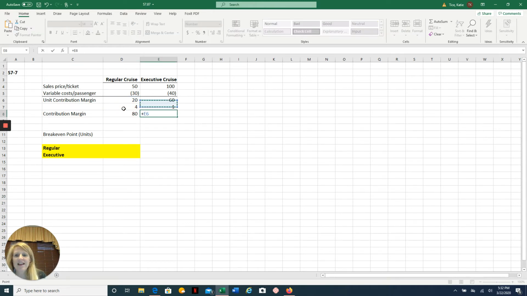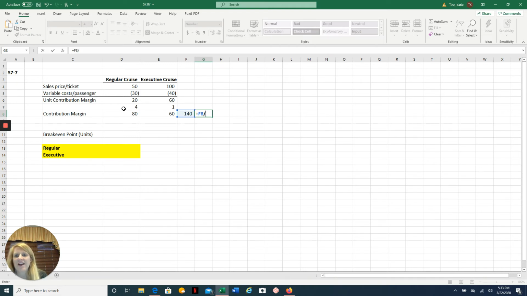And then for the executive cruise, it would be the 60 times just the 1. So basically for our basket that includes 5 cruises, our total contribution margin is 140, but we want to come up with a weighted average.